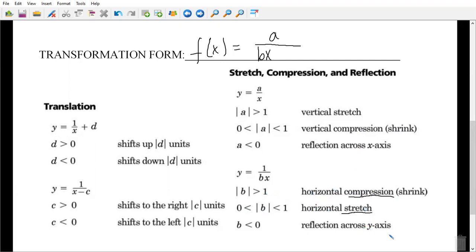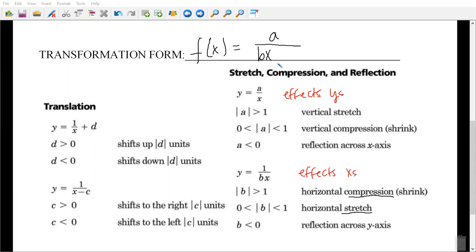And b causes us to reflect over the y-axis. So a affects our y's, and b affects our x's.